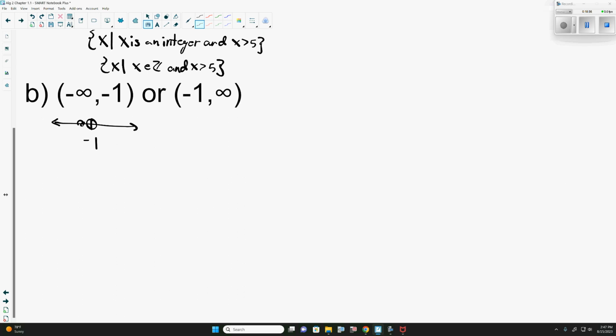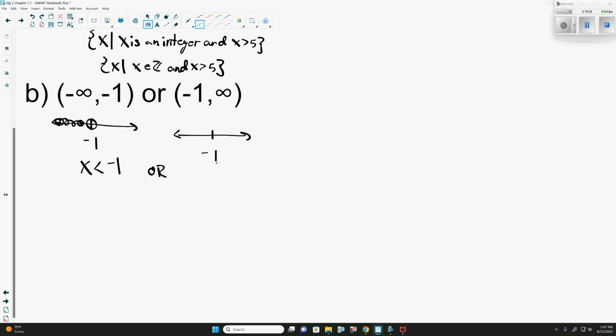Left, because it is negative infinity. And as an inequality, we would say x is what? Greater than or less than? Less than negative 1. Or, because we'll bring the or down because we're going to have two statements. It's going to be one or the other.